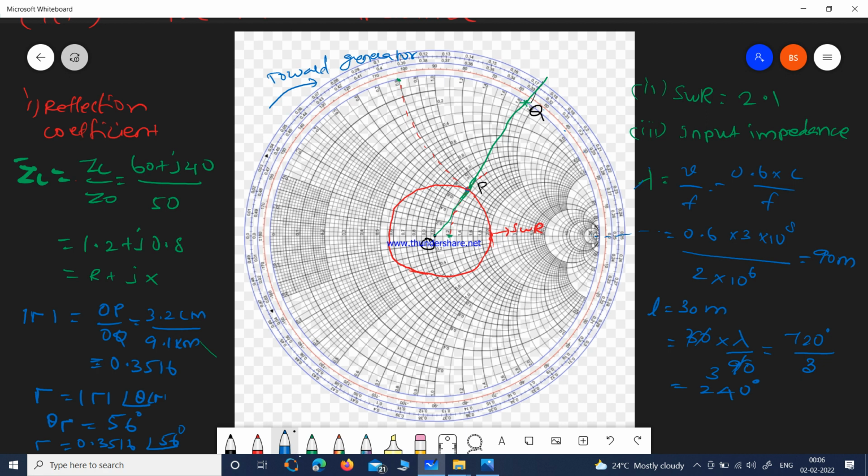So from this point OP, OQ, I need to rotate 240 degree. So at that place only my input impedance is there, because we are finding input impedance, right? So the input impedance can be found by rotating 240 degree from the point you achieved. So from here we need to rotate 240 degree.